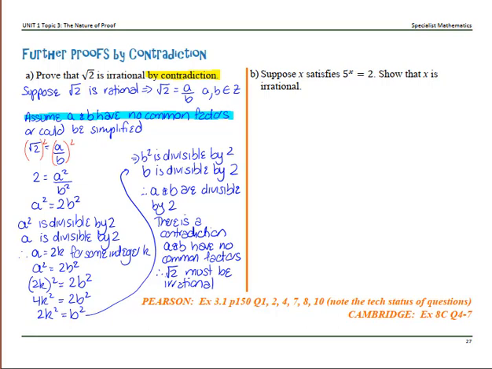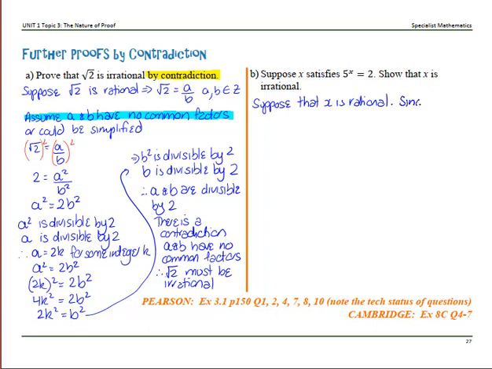Let's look at the next one. Suppose x satisfies 5 to the x equals 2. Show that x is irrational. So again, we're proving by contradiction. So what we're going to do is suppose that x is rational. So we do the opposite.